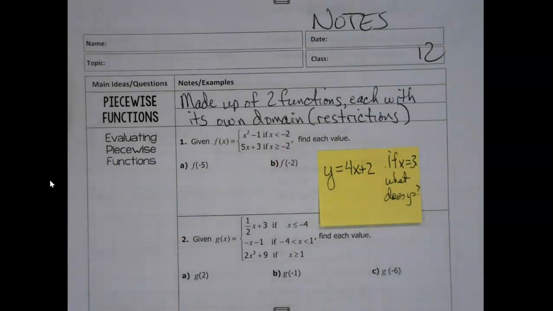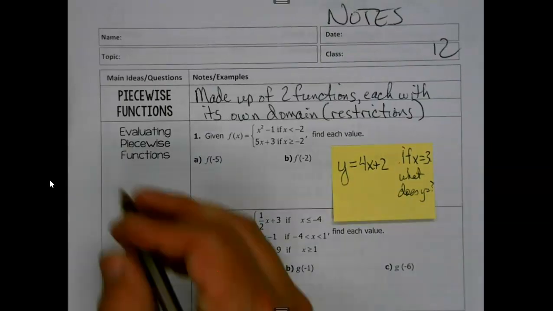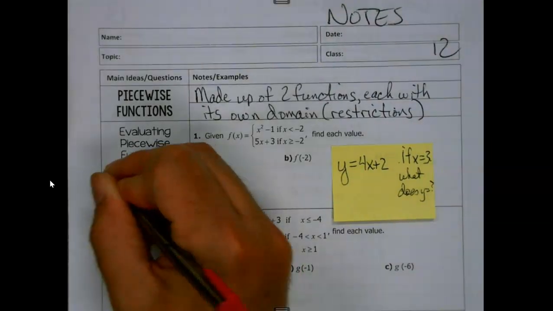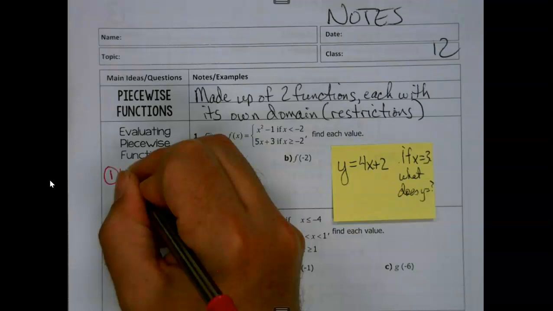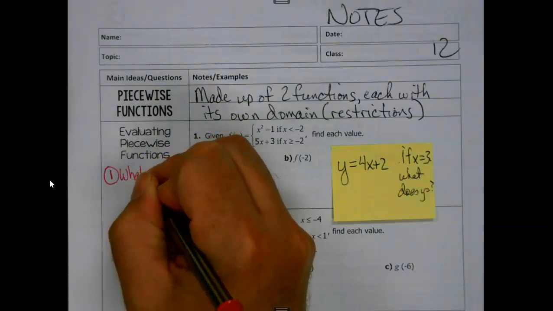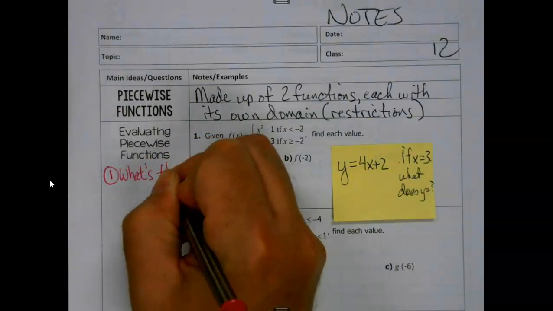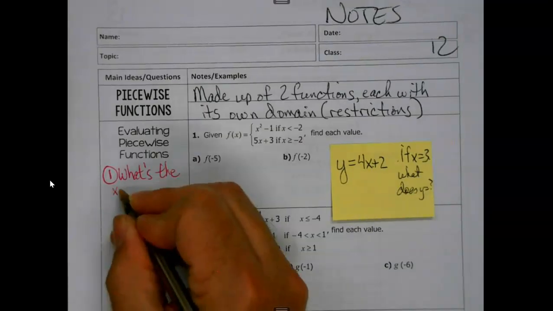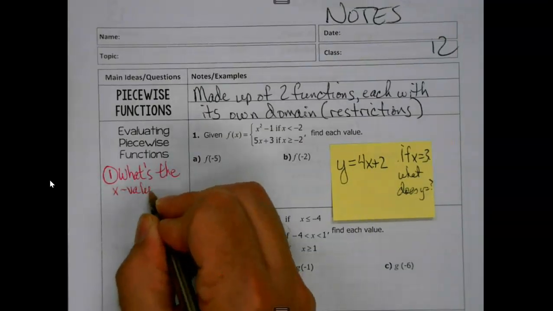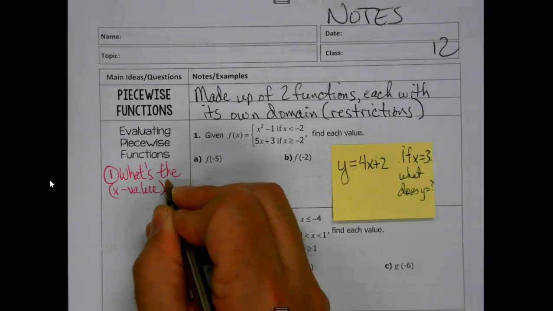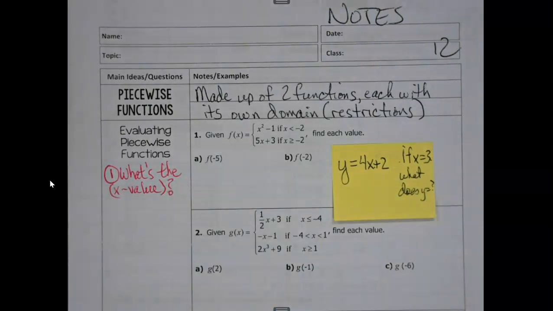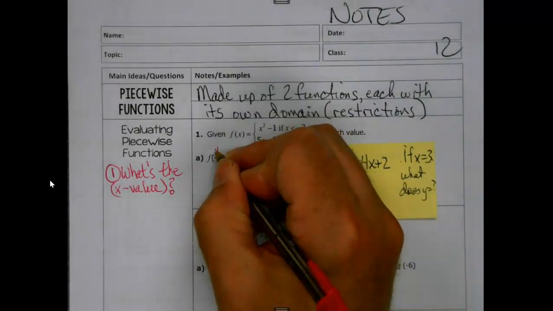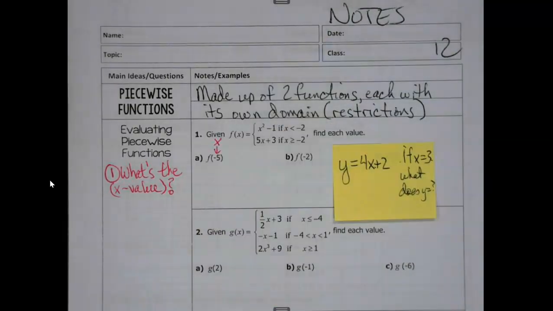Okay, here's what we're going to do. We're going to kind of write a couple of notes here to the side too. What's the x value? And the reason I put x value in parentheses is that's the x value we're working with on these.